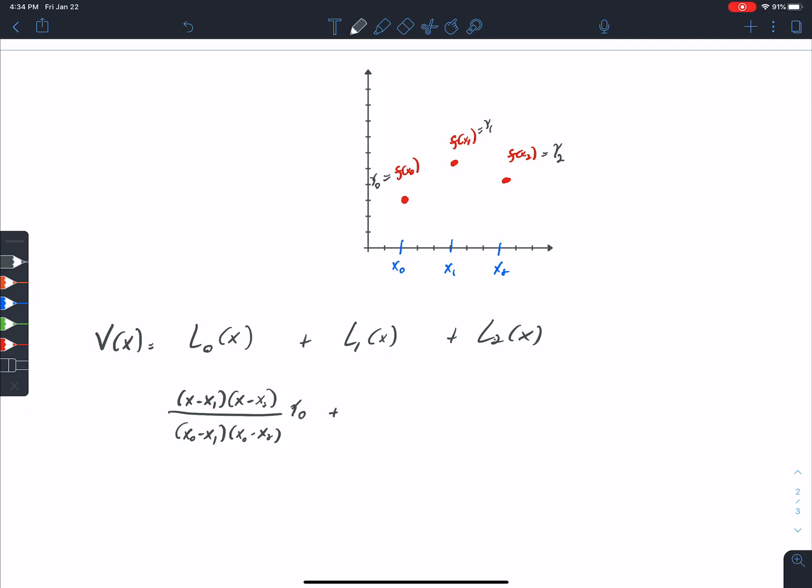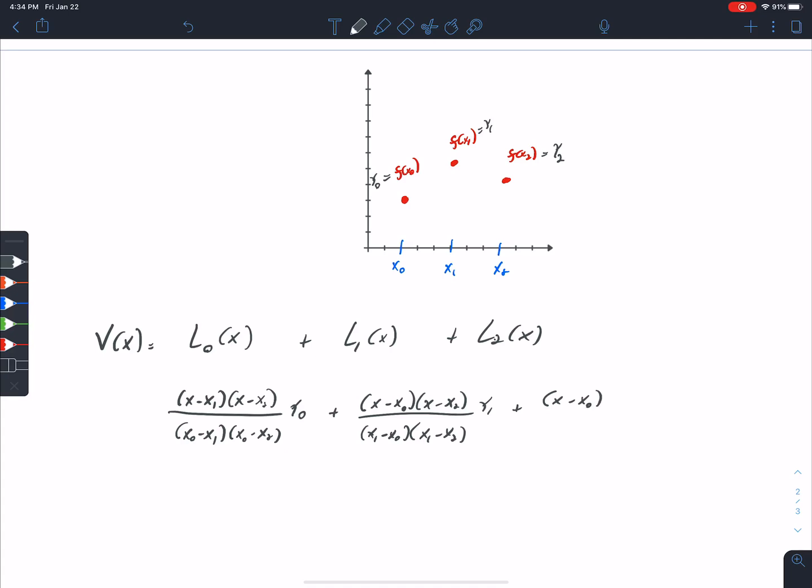So this is going to be x minus x0, right? These essentially have to be the roots of the quadratic in the other 2 points. So x minus x2. And here we're going to divide by x1 minus x0 and x1 minus x2, and this is going to be times y1, plus x minus x0.